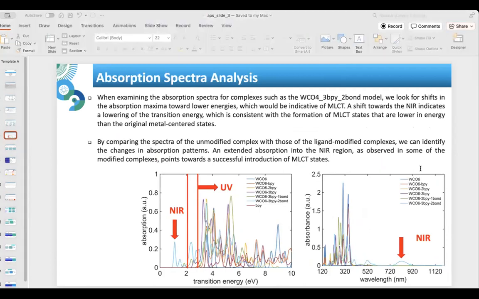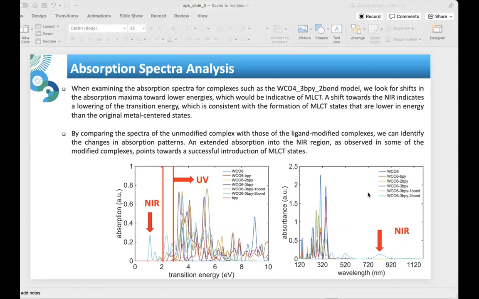Then absorption spectra. Here we compare the absorption spectra for all metal complex structures, and we are able to see that this blue peak is tungsten 3 bipyridine, and there is a double bond created between tungsten and nitrogen.